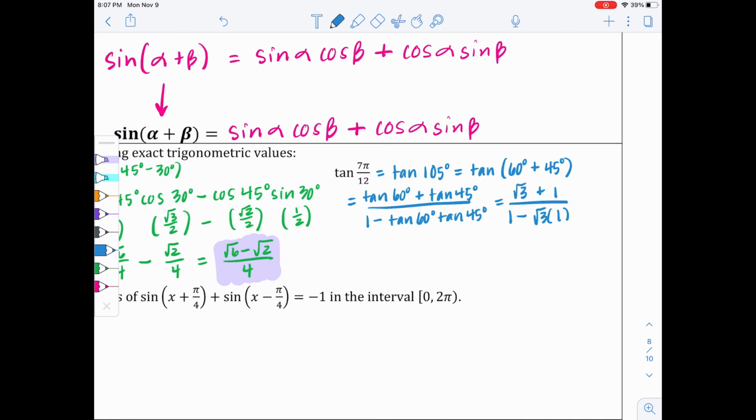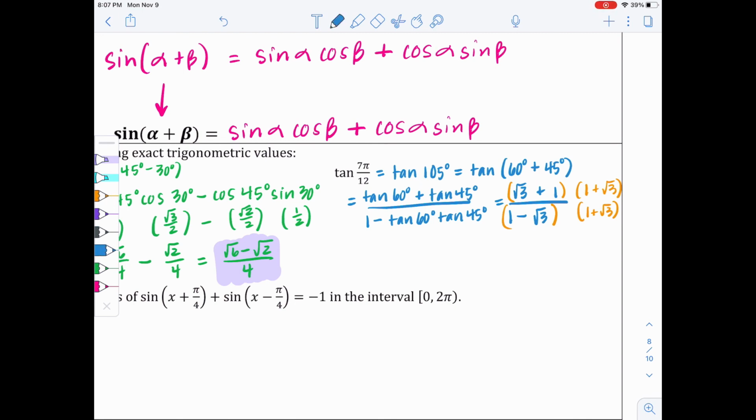So what I'm going to do is multiply both the top and the bottom by the conjugate of the denominator, which would be 1 plus the square root of 3. I went ahead and just erased that one because it wasn't necessary to have there.